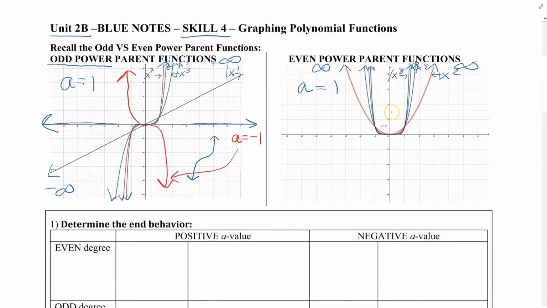Now over here for these even degrees, if you're dealing with a negative leading coefficient, again, you get that same x-axis reflection. It would flip these positive y values over the x-axis and make them all face down. So they would look like a parabola opening down.